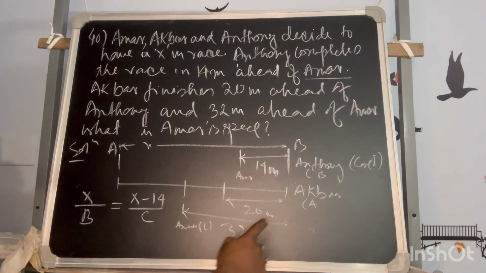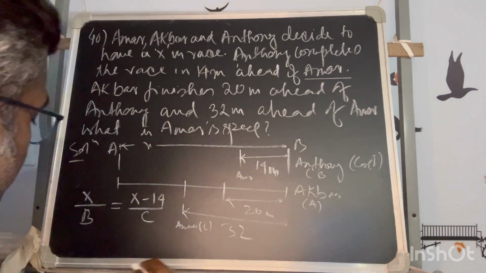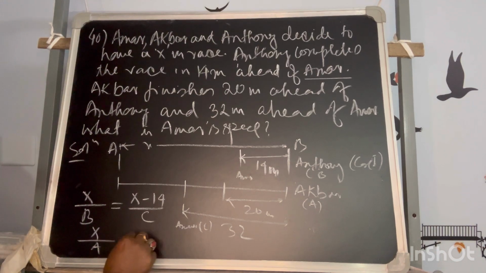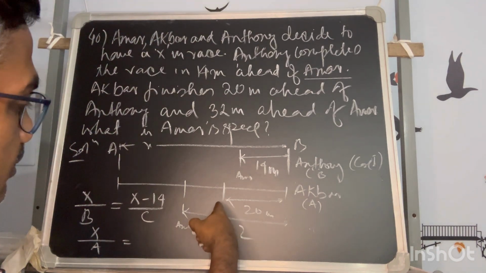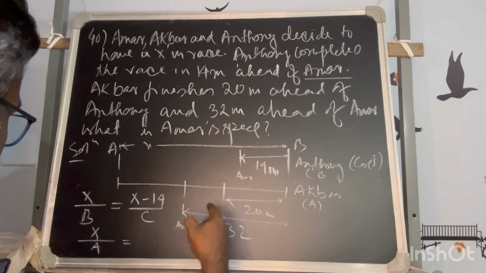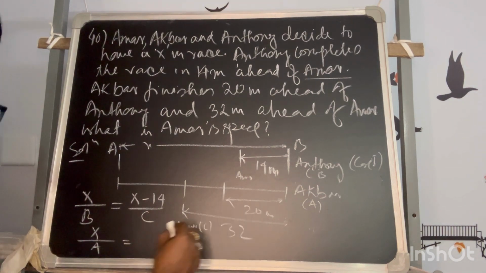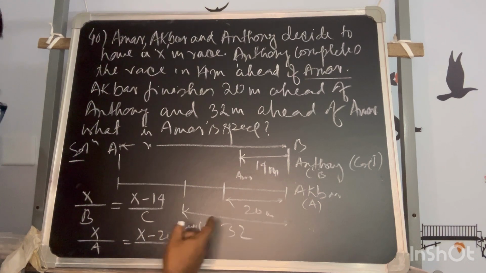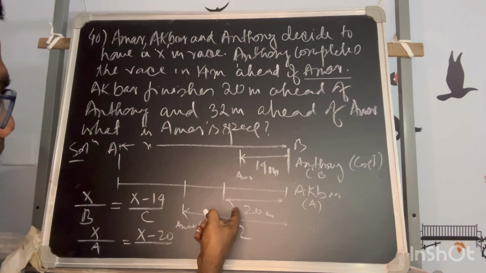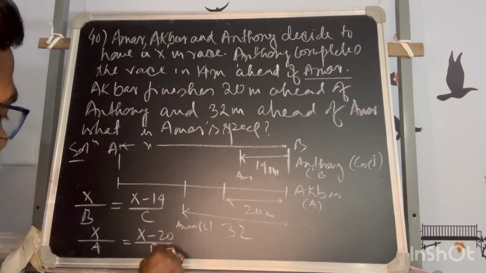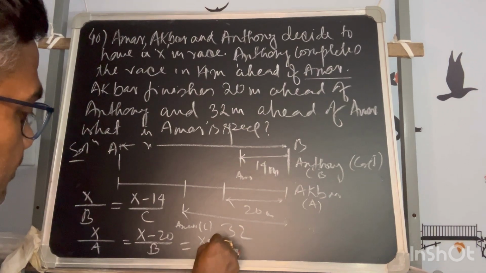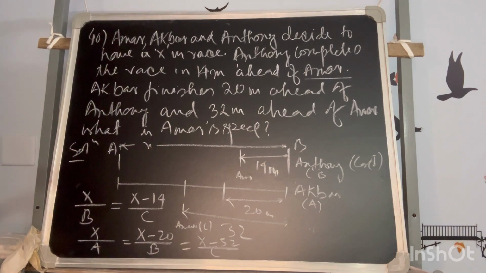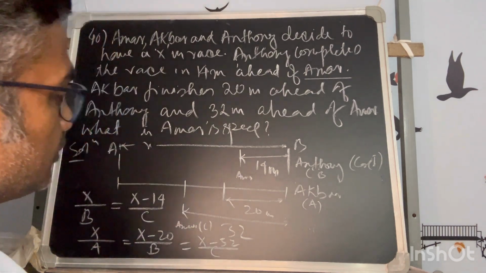In the second case, Akbar is at the finish line. Akbar is covering X distance with the speed of A, whereas Anthony covers a distance X minus 20 in the same time with his speed B, and at the same time Amar covers 32 with speed C. So this could be one answer.